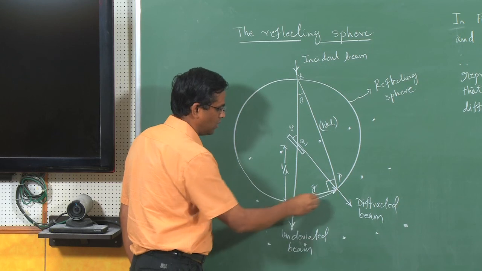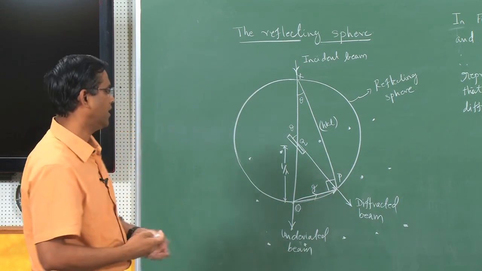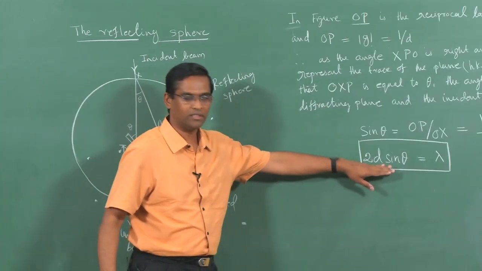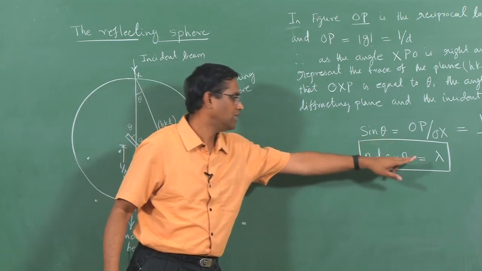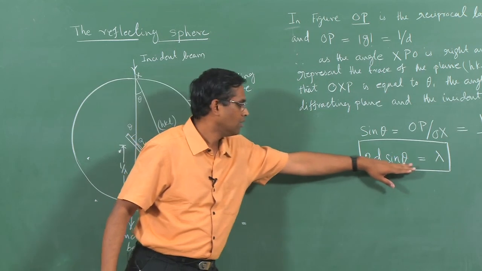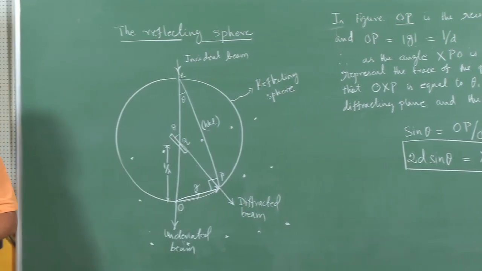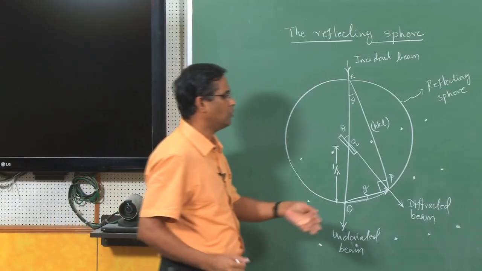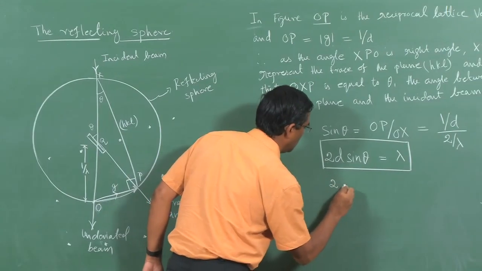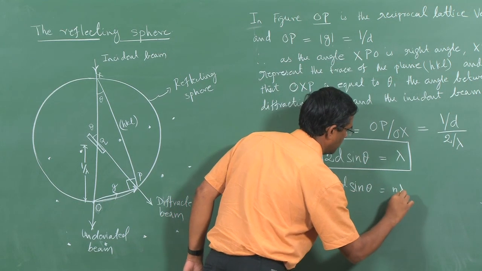That means whatever you see as a diffracted beam in an experiment has to obey this. That means the wavelength of the incident radiation should satisfy this condition. Then what happens when you have, or it could be like this, n lambda.